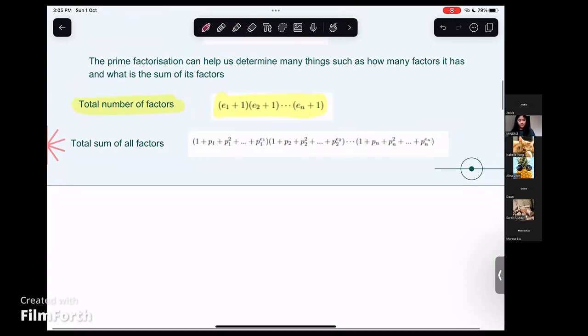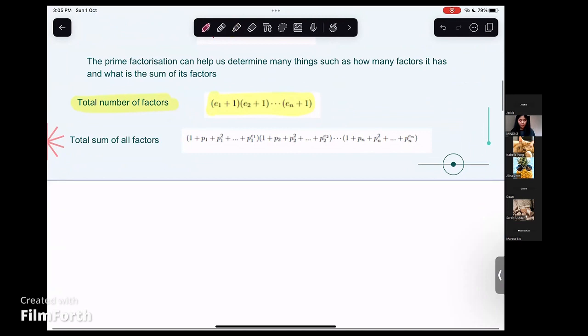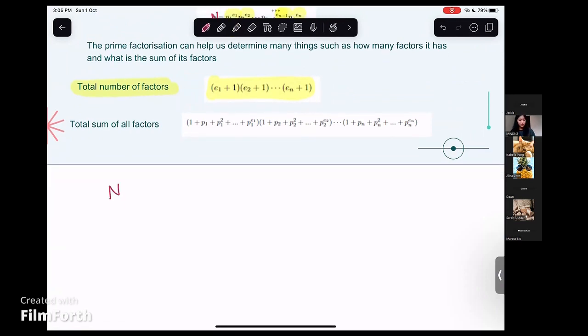So let's consider a factor of n. It has to be divisible. So let's say a factor d.